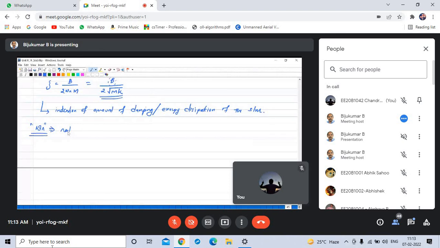Take some values. You said y of 0 is not equal to 0, y dash of 0 is also not equal to 0, and you do all that. You will get an output response where omega n is the natural frequency.